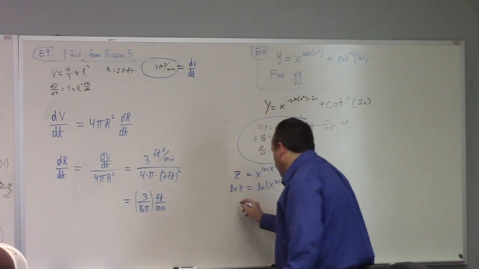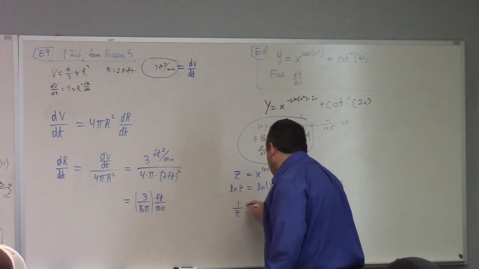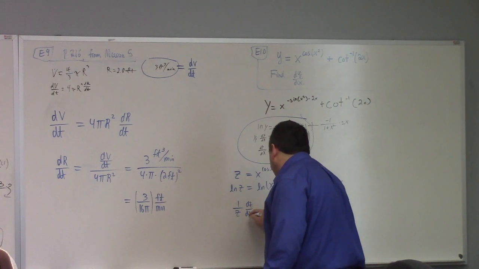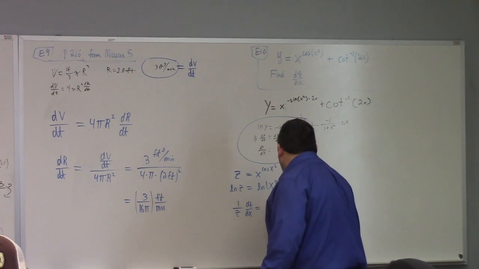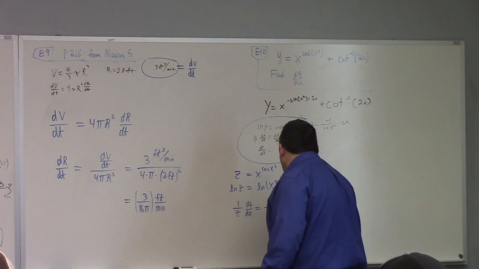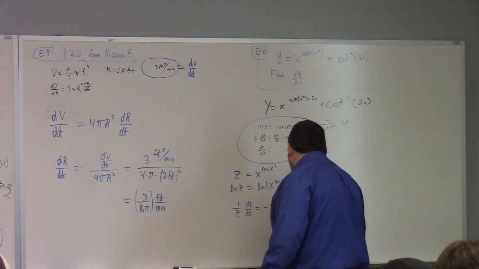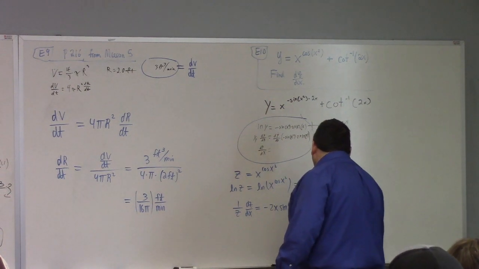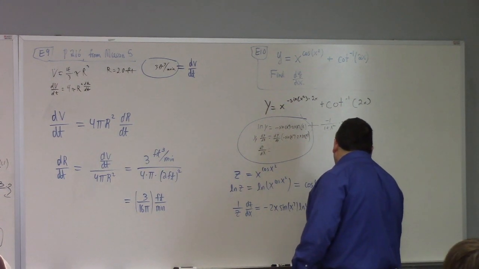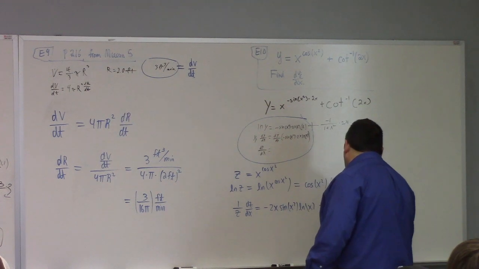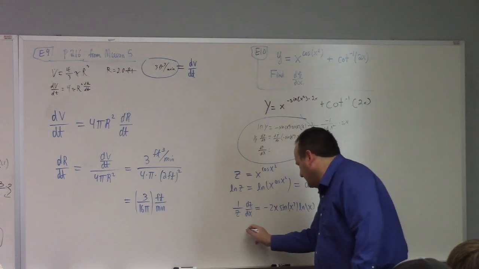Then differentiating, I get 1 over z times dz dx is equal to minus 2x sine of x squared log x plus the cosine of x squared over x. That's the product rule.